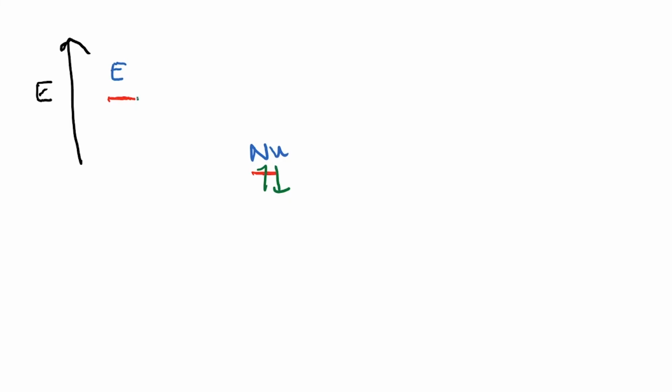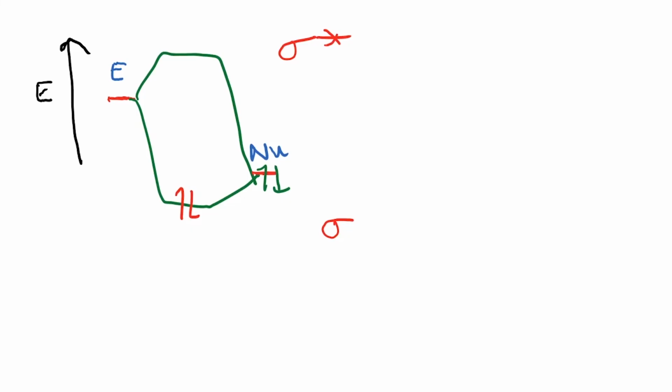Now when you draw the molecular orbital picture, it's going to look something like this. Your pair of electrons is going to be here, and let's assume this is a new sigma bond and this is a sigma star. If I look at this picture, there's clearly some stabilization being afforded, because the sigma molecular orbital is lower in energy, but this gap is quite small.